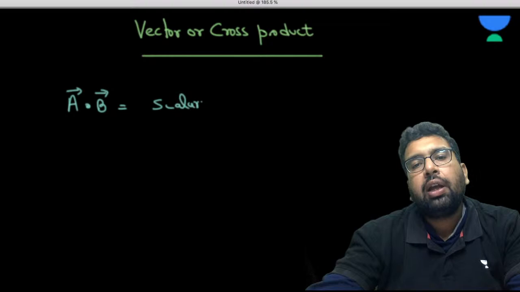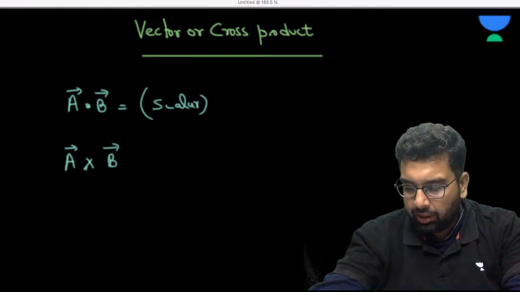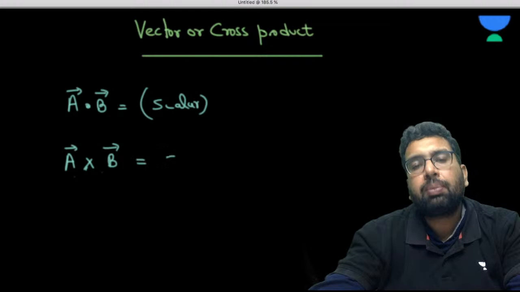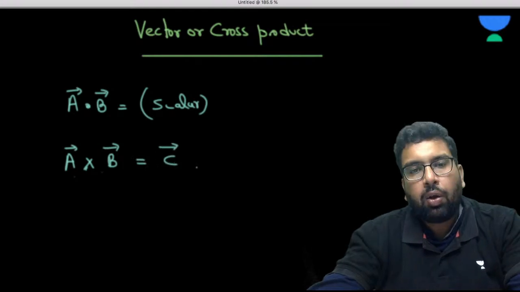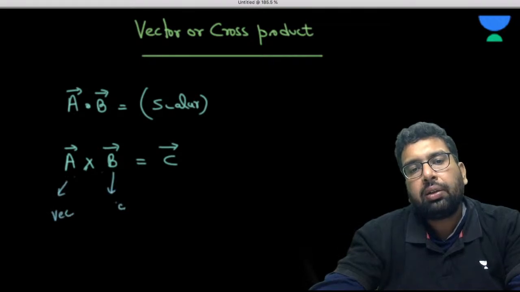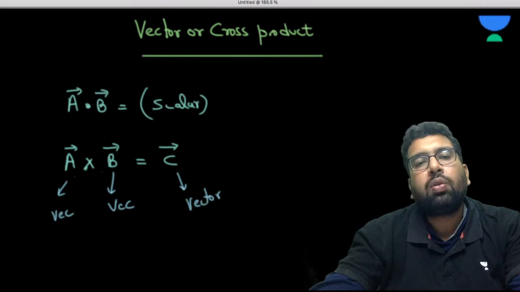Now, simply see when two vectors are multiplied with this operator, it is known as the cross operator. This is the dot operator. So vector A cross product with vector B, let's suppose we are getting a C vector. So this is a vector, this is also a vector. So the cross product of two vectors itself is always a vector.